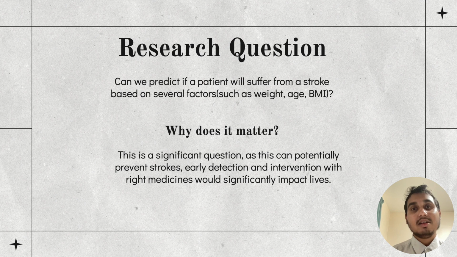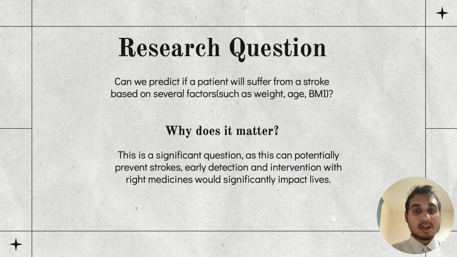If the model classifies the person as being at risk of strokes, preventive medicines and even further tests can definitely help people avoid the risk of having a stroke.